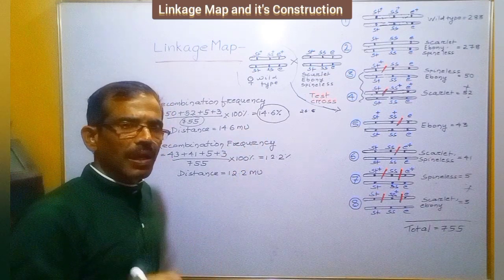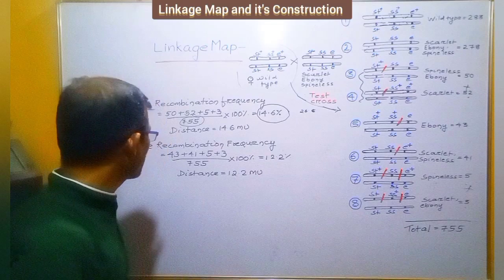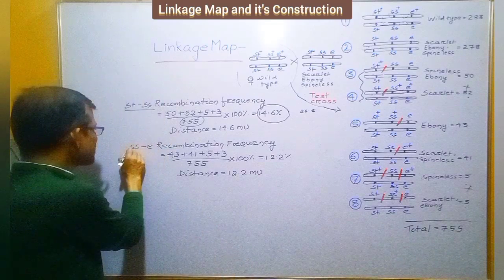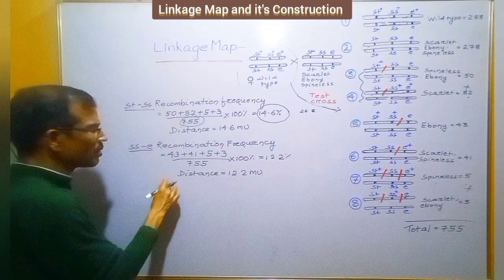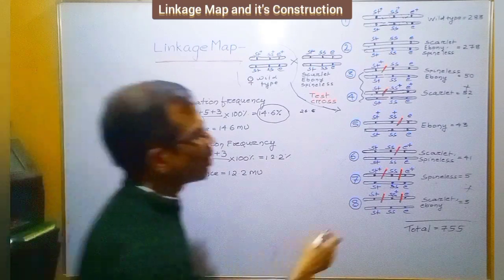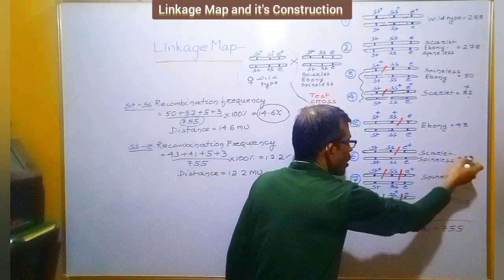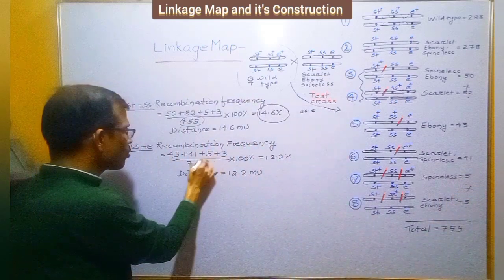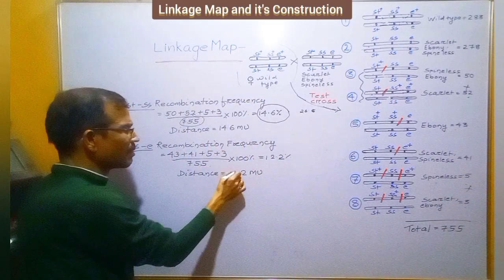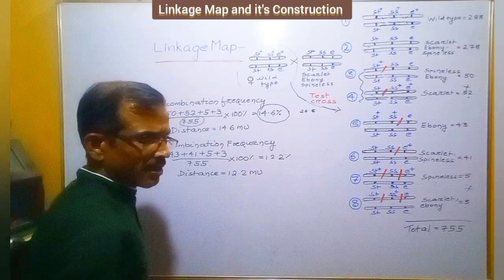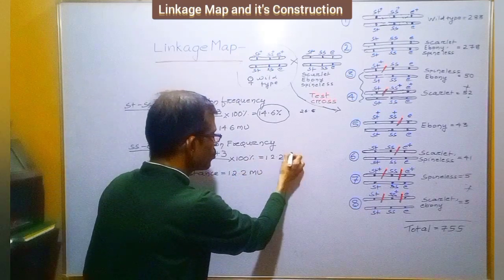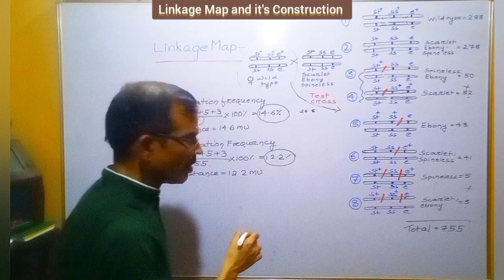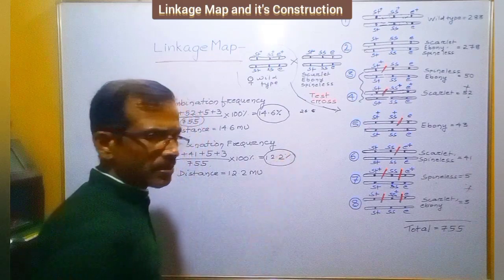Similarly, we can also calculate the recombination frequency for SS and E locus. So the frequency is 43 plus 41 plus 5 plus 3, then divide by the total number of progenies and multiply by 100%. The result is 12.2%. This is the recombination frequency.